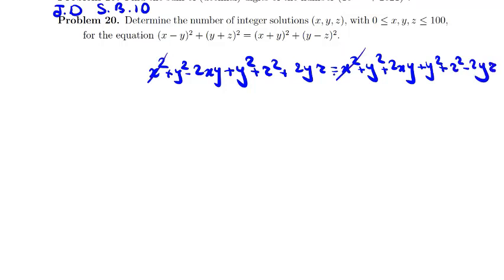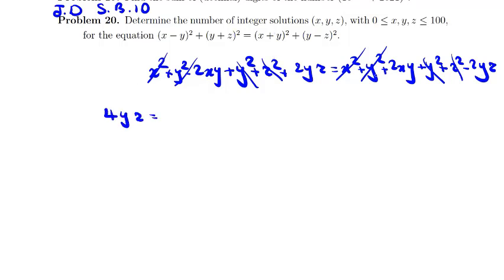So you can cancel x squared, you can cancel y squared from both sides, again y squared from both sides, and this z squared from both sides. Here we have negative 2xy, here we have plus 2xy. Negative 2yz, 2yz. So take negative 2yz to the left-hand side, it will be 4yz.